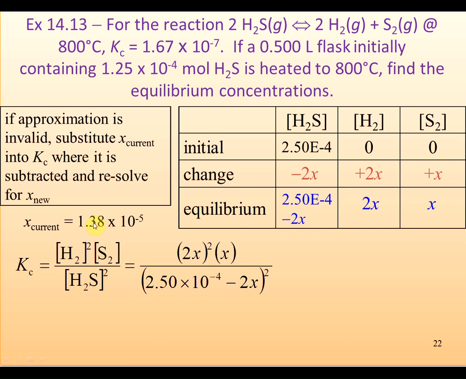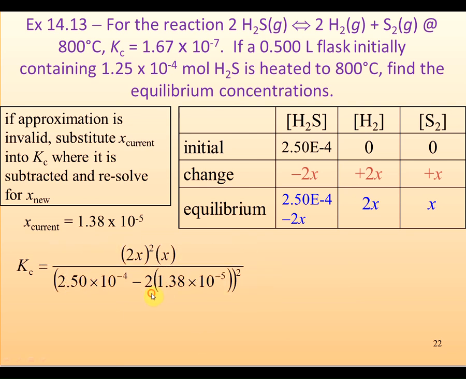So this is where it kind of gets confusing using the approximation, so sometimes I recommend that you just go ahead and use a quadratic first when it gets complicated like this. But if you want to keep using the approximation, you substitute in, and then you solve for x again, and you get a new x value.